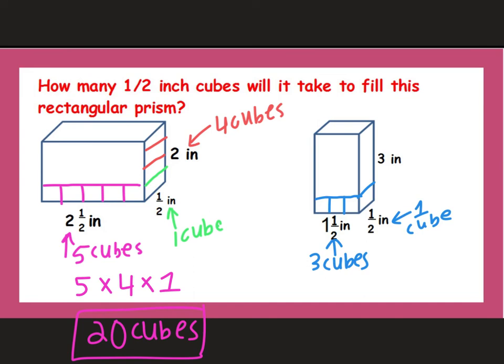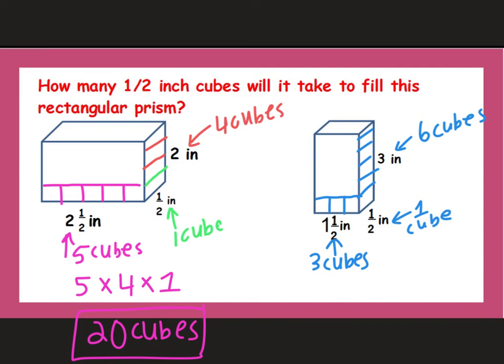And then for 3 inches, I could fit 6 cubes inside 3 inches. Okay, so again, remember, those are double, right? In 1 1/2 inches, 3 cubes. That is multiplied by 2. 1/2 inch, 1 cube. 3 inches, 6 cubes.